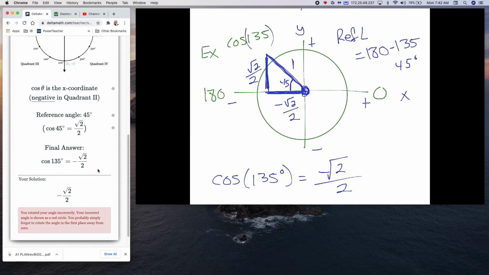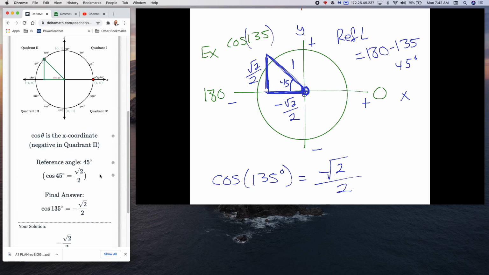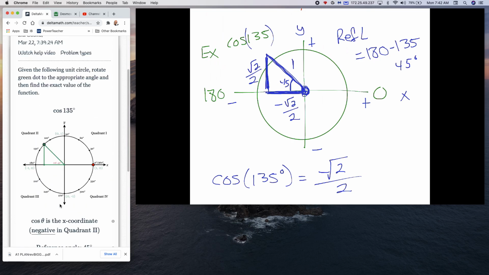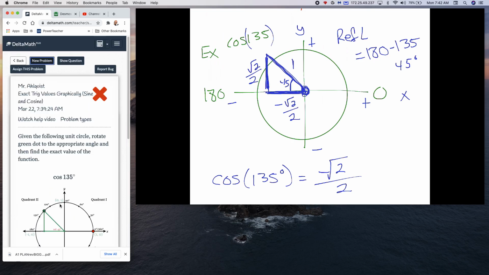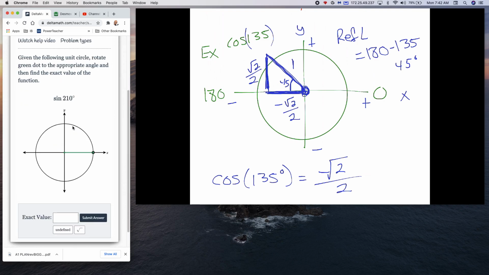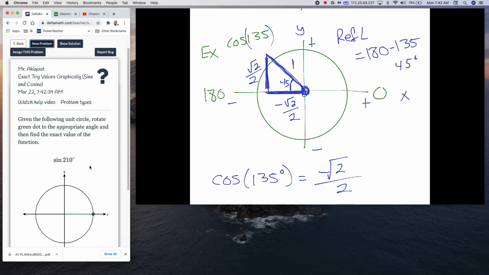and what I put on there, I'm not sure why they counted that off, because I wrote the same thing they did. So I'm not sure why they counted that one off, other than maybe they didn't like my negative on there.